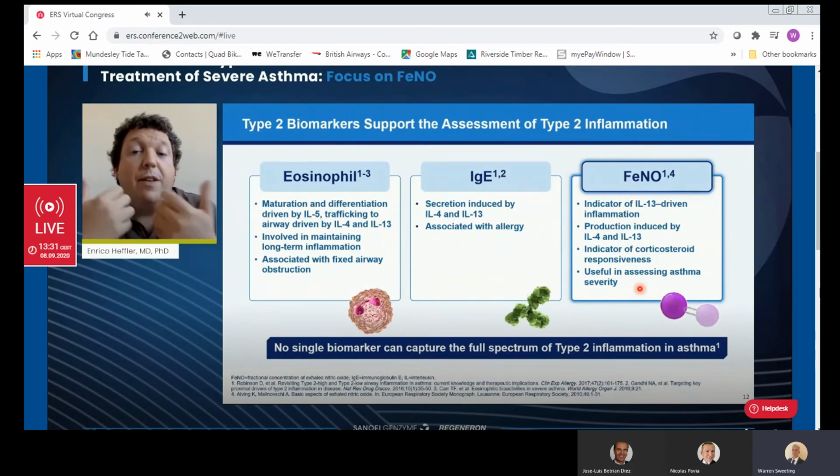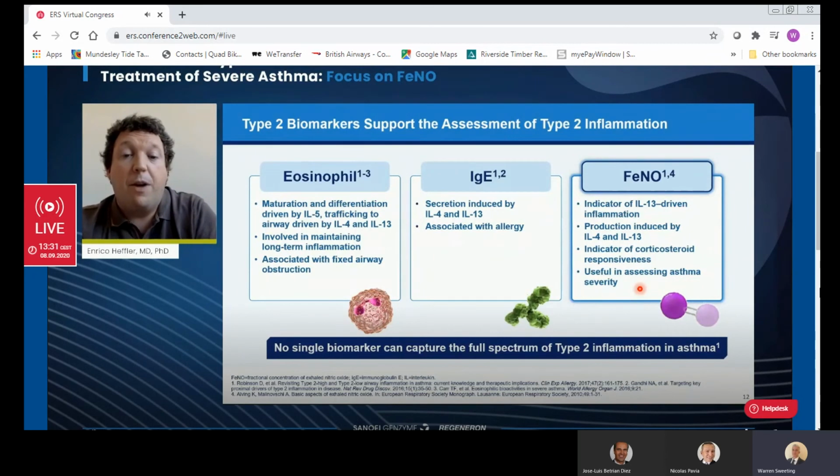So it becomes every day more useful in assessing patients with severe asthma in order to assess the level of inflammation in this patient, and as we'll see later on, also in order to better phenotype them, and probably looking also for more targeted therapies for this kind of patients.